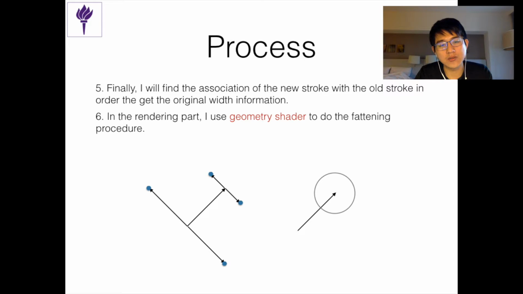You can see on the left hand side, but there's something missing: at some angles, if it is too wide, there will be some gaps between two small segments, so I will render a filled circle to compensate for this drawback.